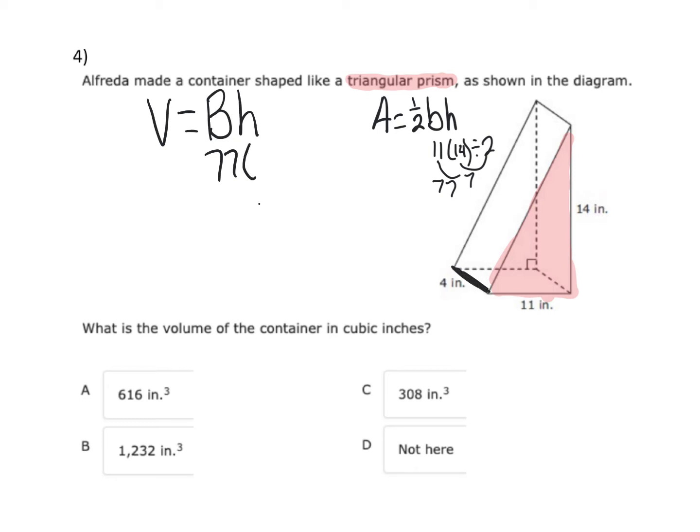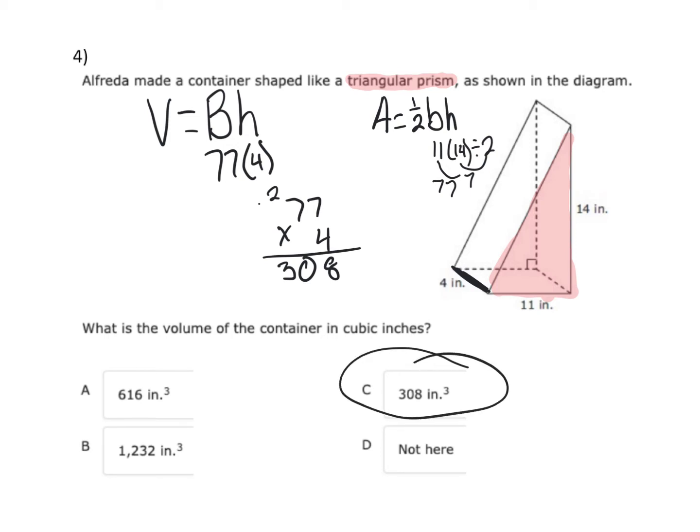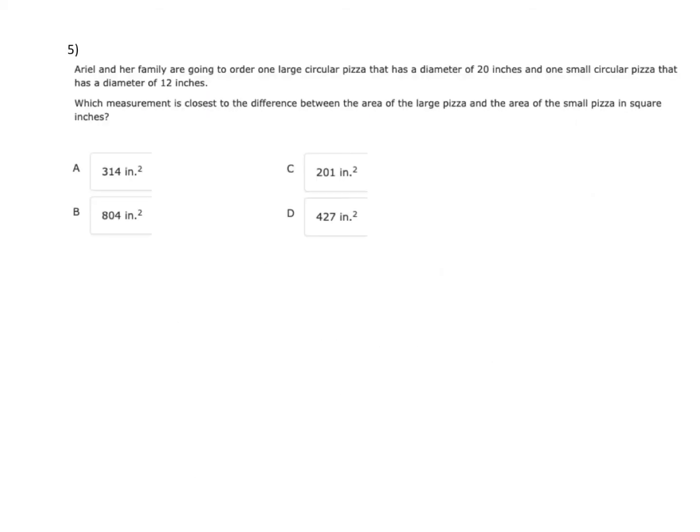So we're going to do 77 times 4. 7 times 4 is 28, carry the 2. 7 times 4 is 28, plus 2 is 30. So we get 308 as our answer, C.